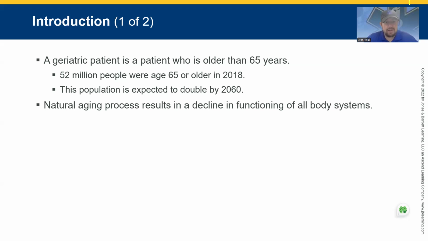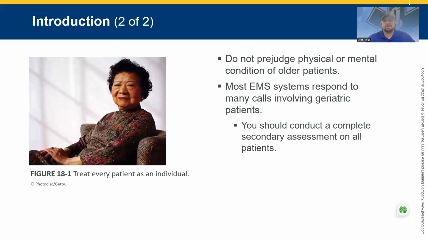The natural aging process results in a decline in functioning of all body systems. So we start to kind of wear down, and that's what we're really talking about today. So we don't want to prejudge physical or mental capacity or condition of a patient just by looking at them.